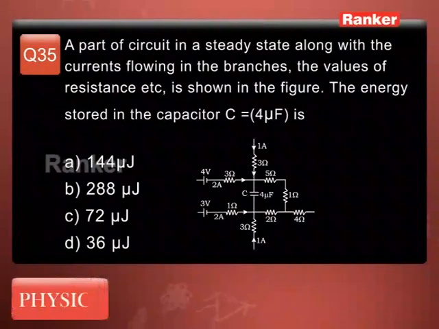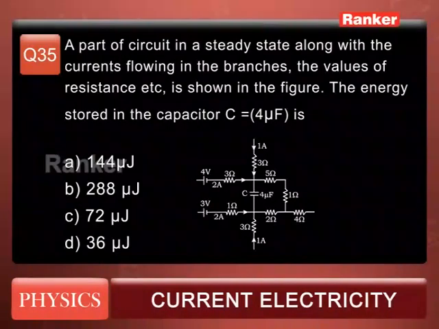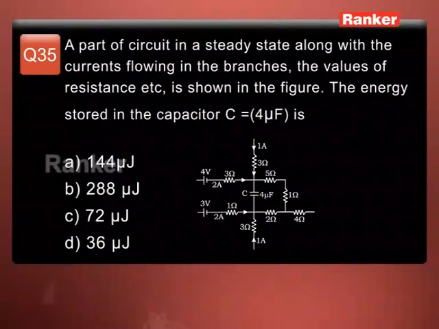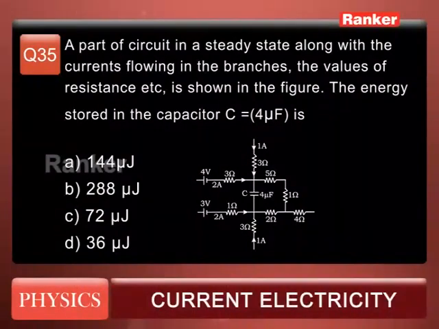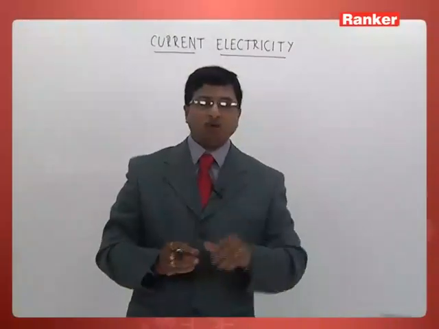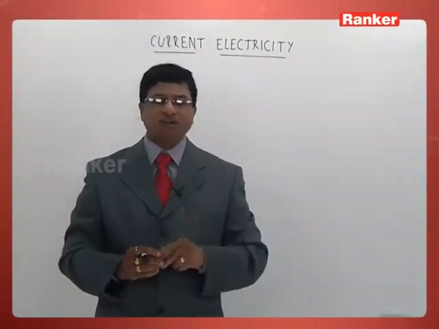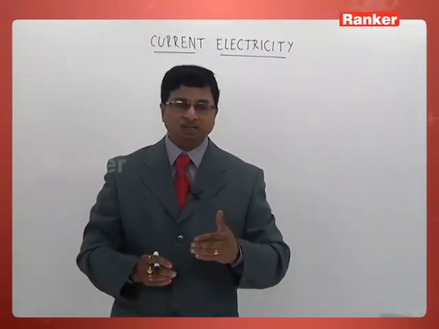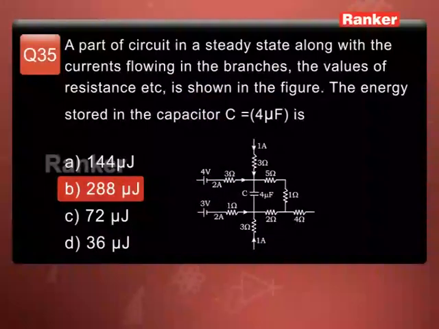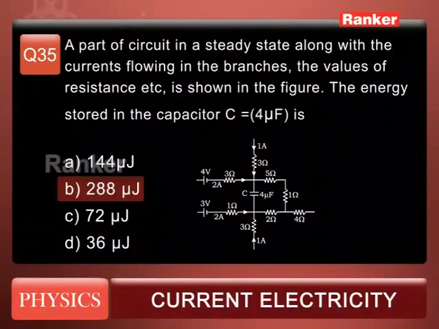First option 144 microjoule. Second option 288 microjoule. Third option is 72 microjoule. And fourth option is 36 microjoule. The correct option, according to the directions of currents and all, should be the second option. That means it should be 288 microjoule.